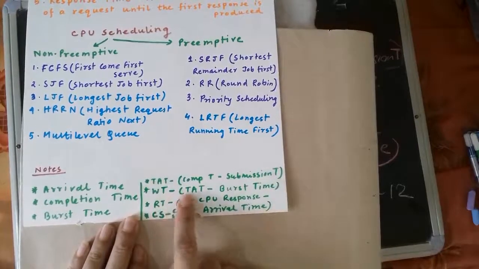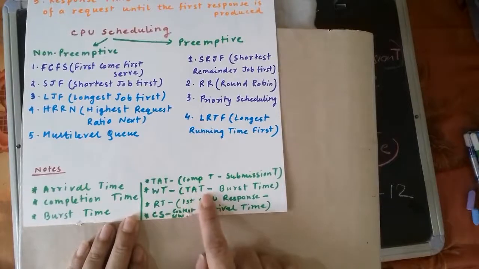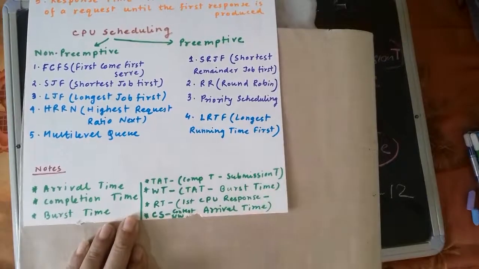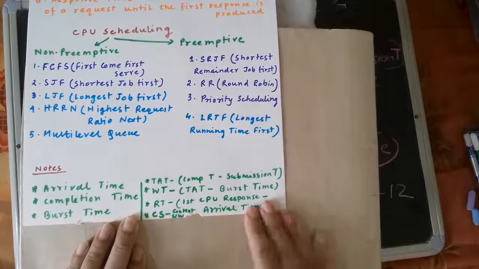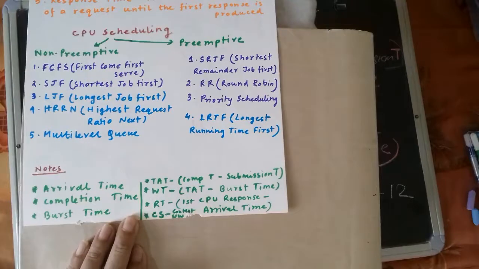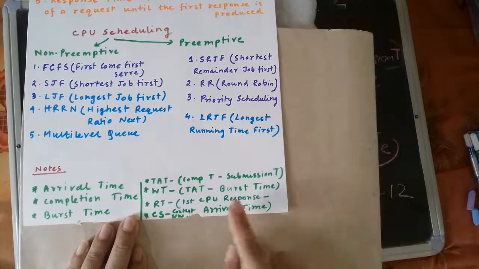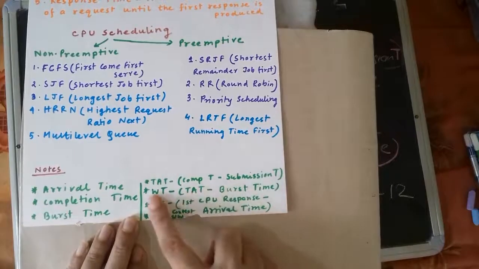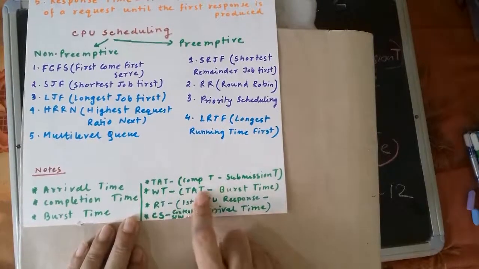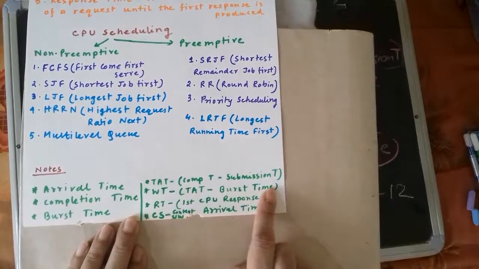Waiting time is your turnaround time minus your burst time. Burst time is the time when the CPU is attached with the process. Whenever the CPU is not attached with the process, in our previous example, the teacher is not in the class, whether you are taking a break or the teacher is late, all of these come under waiting time. So waiting time is the total time you stayed in college minus the time the teacher was associated with you.